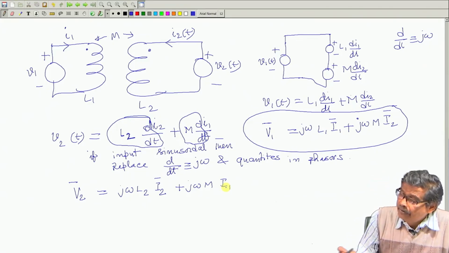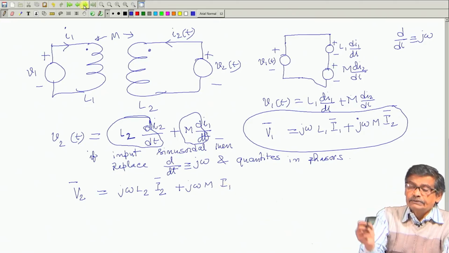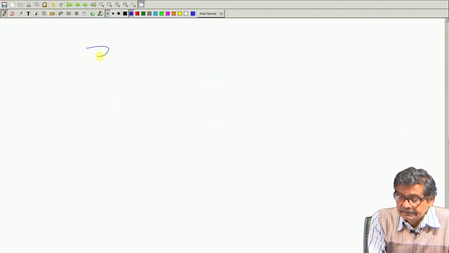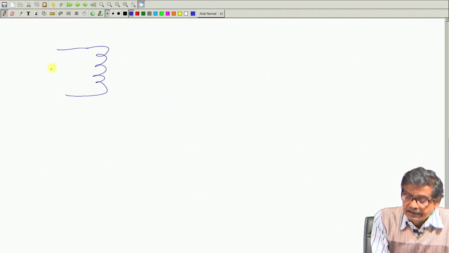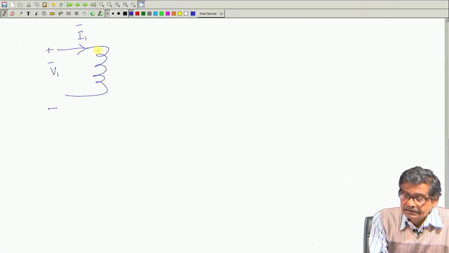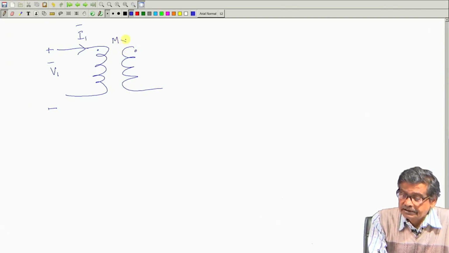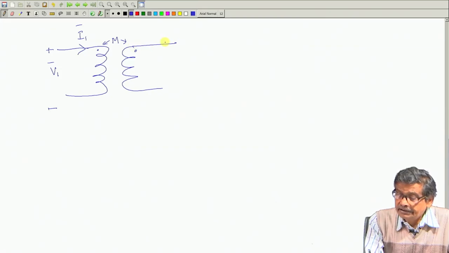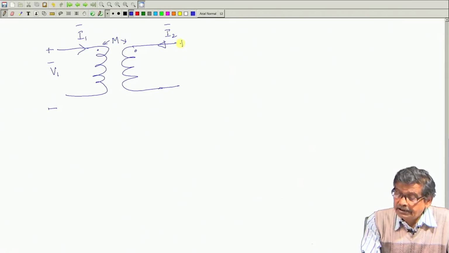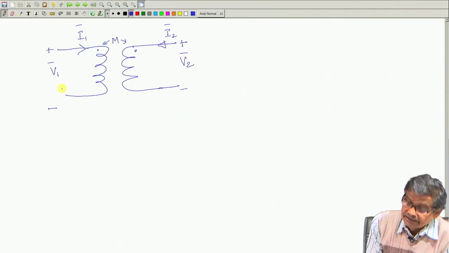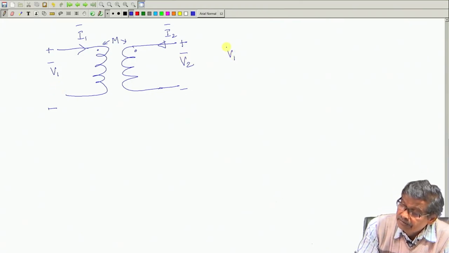Finally, what I essentially mean is this: suppose the voltage applied is a phasor, and this current is shown as current phasor I 1 entering the dot, and on the other side this is also dot, this is the mutual inductance, and this current is shown as current phasor I 2, and this voltage is V 2 bar, all phasors.